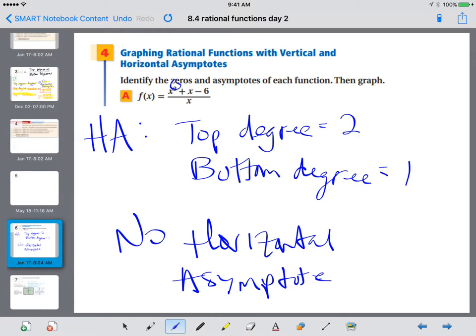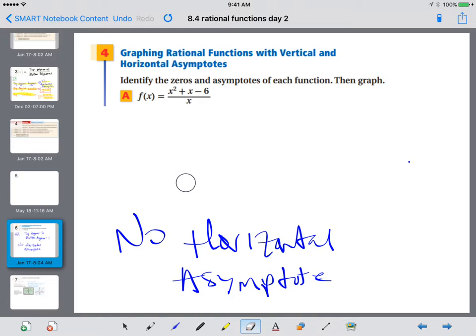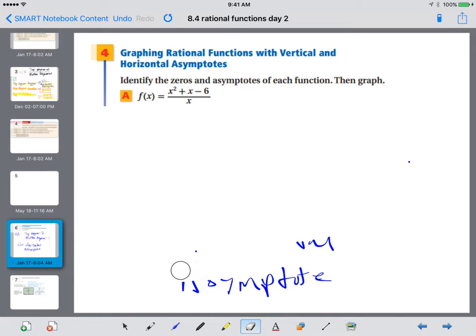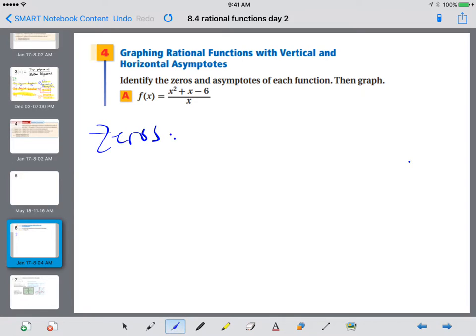That's just for the horizontal asymptote. When you get to this assignment, you're expected to find the zeros and the vertical asymptotes as well. So to find the zeros, remember, that's when the top is equal to 0. So you would say x squared plus x minus 6 equals 0.